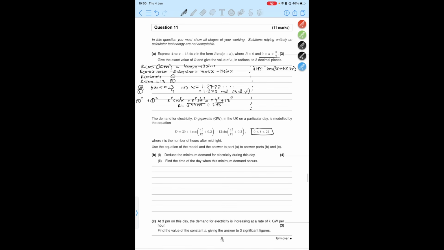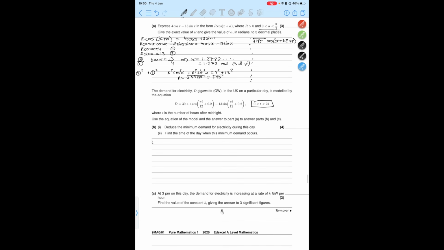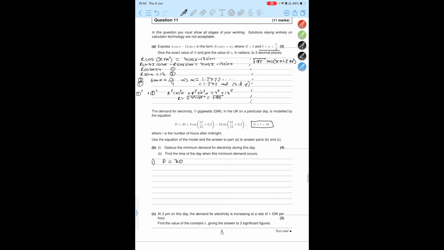Okay, so the first thing I'm going to do is write it in the form of model A. So D equals 30 plus, notice how we had used cos x, but now they're doing cos pi t over 12 plus 0.2.